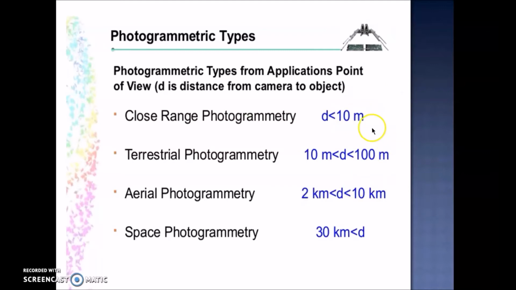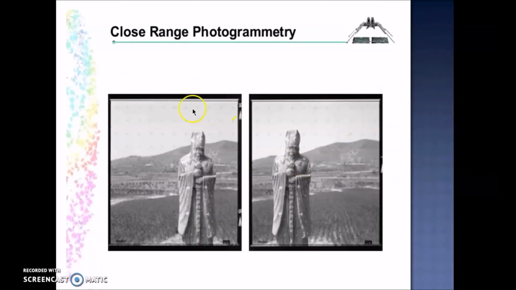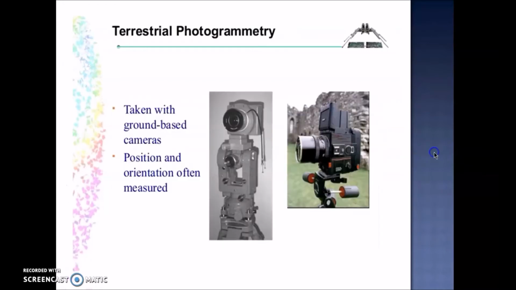This is an example of close range photography. It is a very close range and the image is very clear. If we take ground based cameras and the position and orientation can be measured, we can call it terrestrial photography.